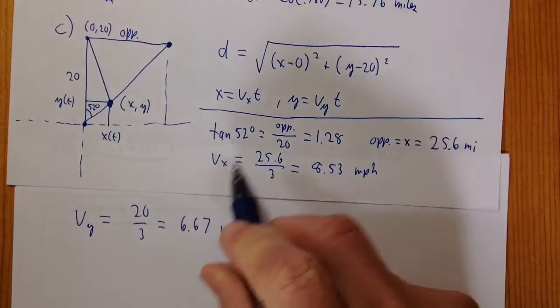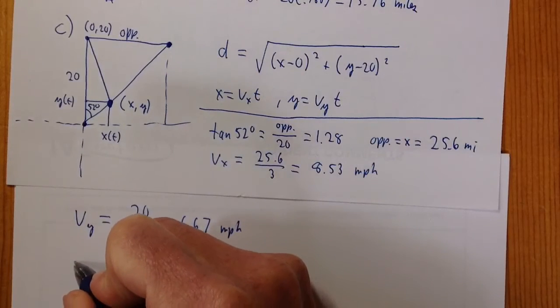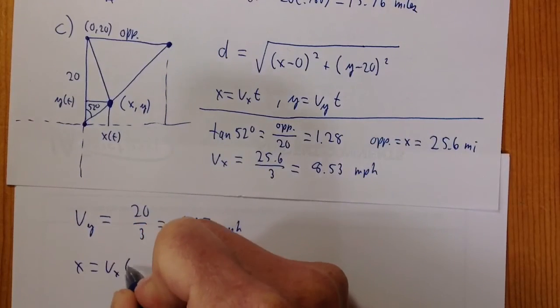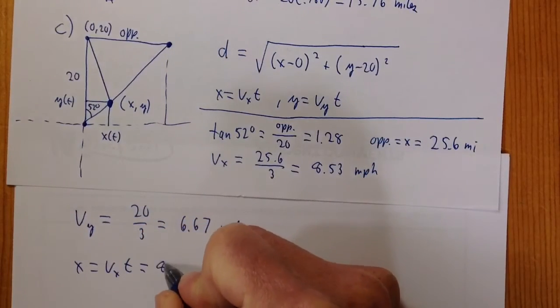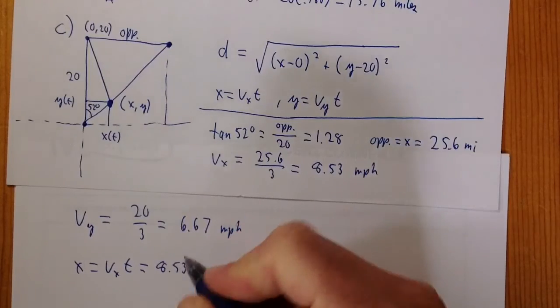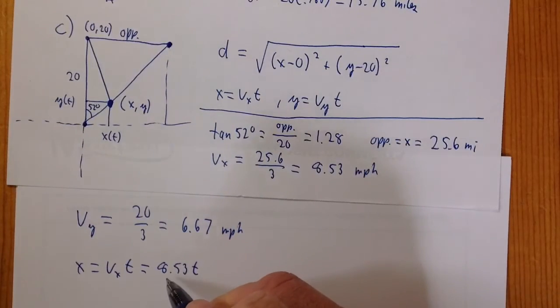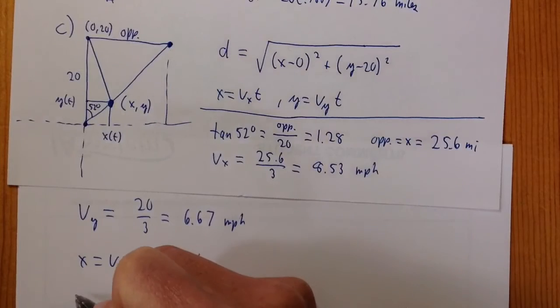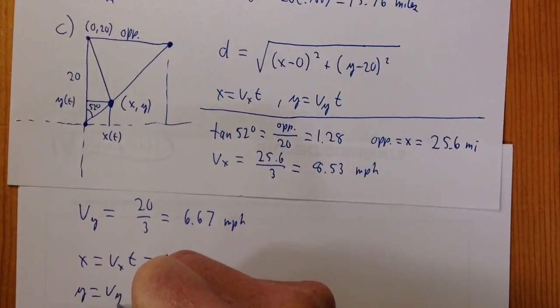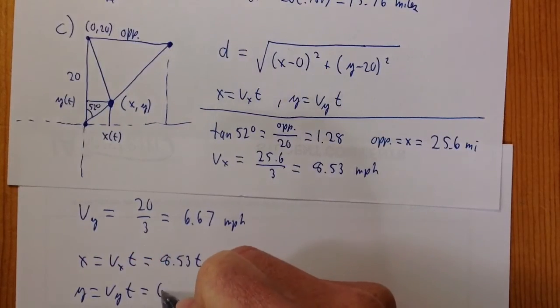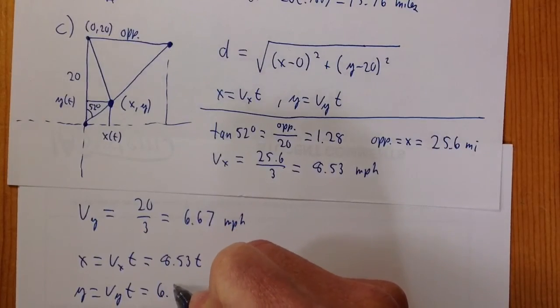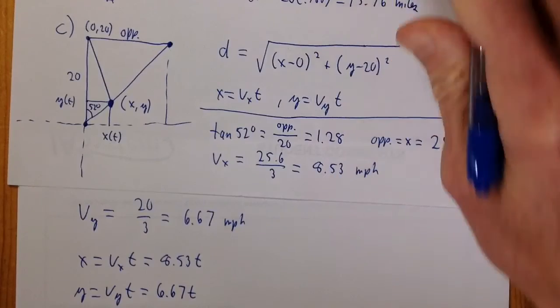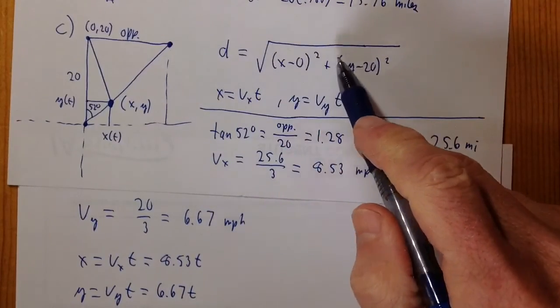Okay, now we know the x position. X is Vx t, which is 8.53 t, just knowing that t is in hours and this is in miles per hour. And y is Vy t, which is 6.67 t. And finally, we can plug into our distance formula.